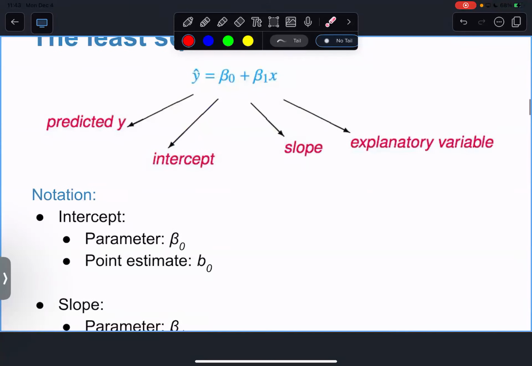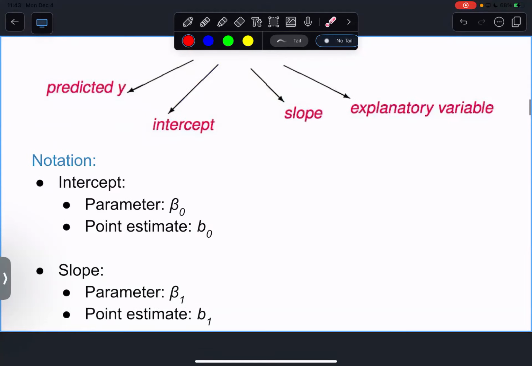Same thing with the slope. I'm trying to model this population slope, beta 1, and I know what you're thinking, I wish we could do some inference on the slope to figure out if it's significantly different from 0. Well, surprise, we're not going to, but your Excel output does it for you. That's what that p-value does beside your x coefficient.